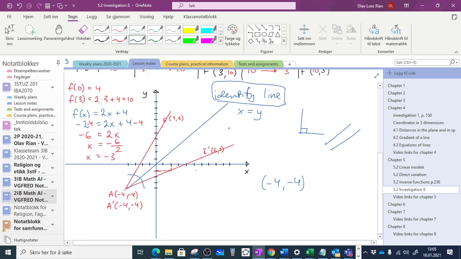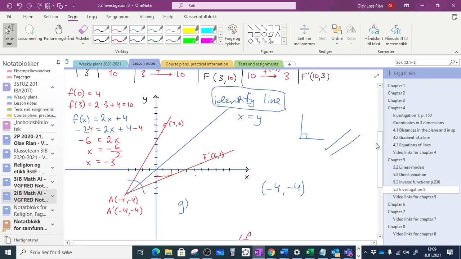So we are equipped to answer question G. Now explain how you would draw the graph of f minus 1 if you are given the graph of f. All right, so if you want to draw the graph of an inverse function, you can use the identity line to just mirror the image of one graph around the identity line.